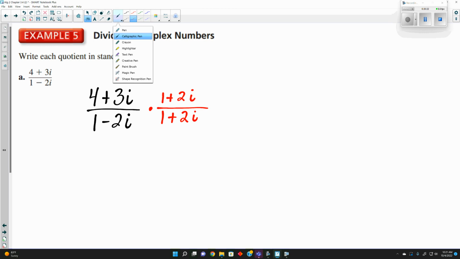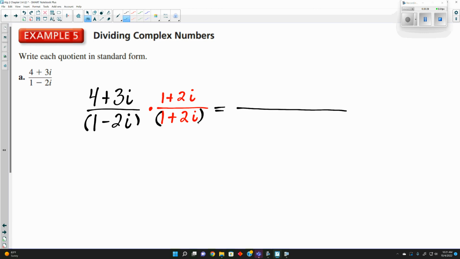Now we multiply this. We're multiplying these two here on bottom together. So we'll have 1 times 1, which is 1. 1 times 2i is plus 2i. Then we'll have negative 2i times 1, which is negative 2i.